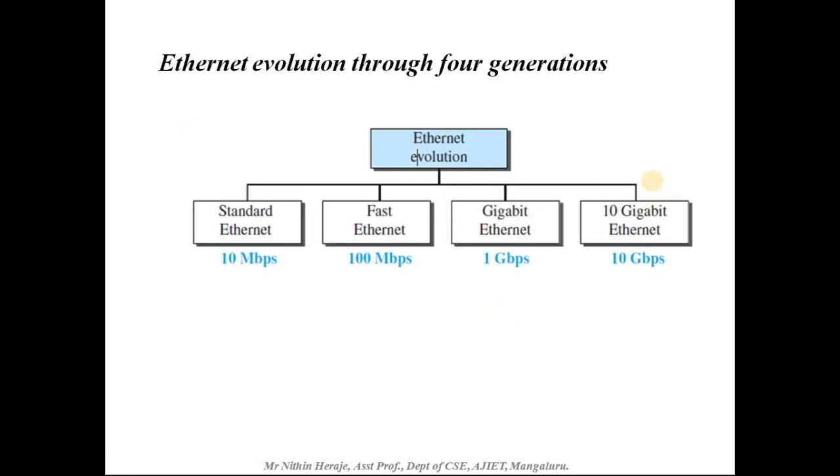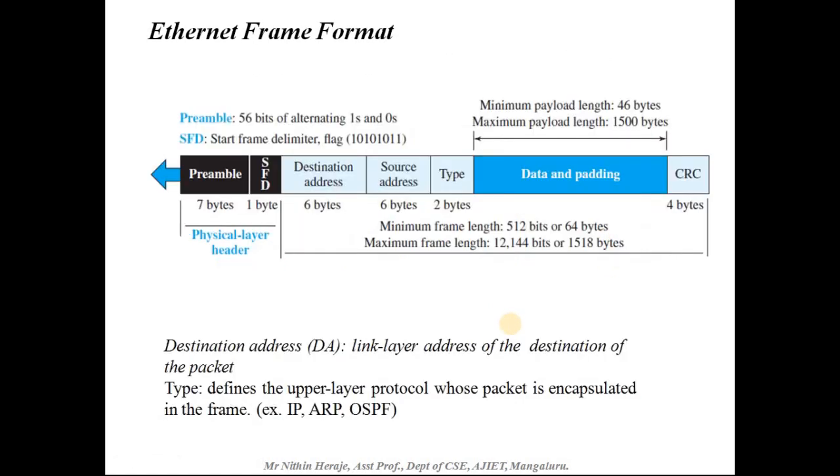This shows the Ethernet evolution. We have standard Ethernet with 10 Mbps speed, Fast Ethernet 100 Mbps, then Gigabit Ethernet which is 1 Gbps, and the last is 10 Gigabit Ethernet which is 10 Gbps.